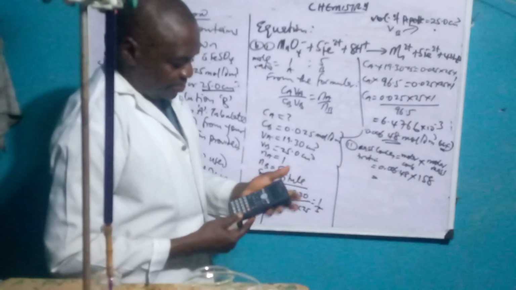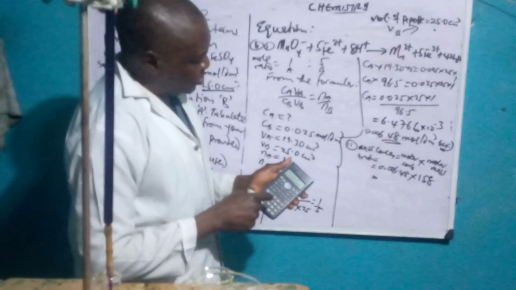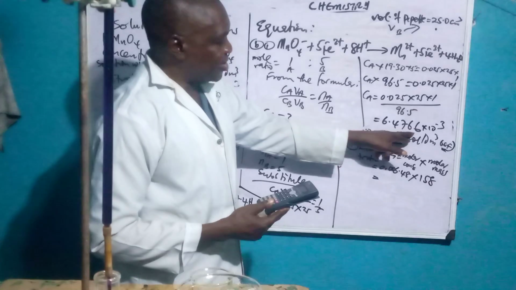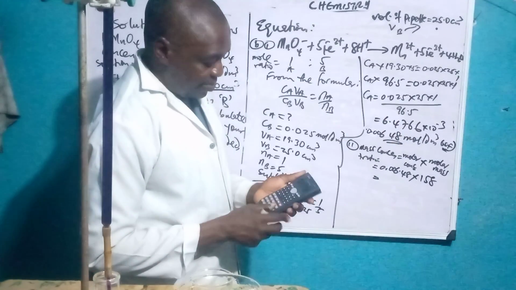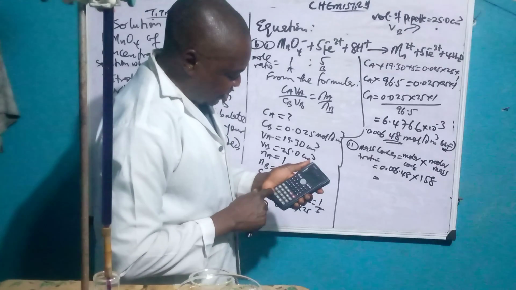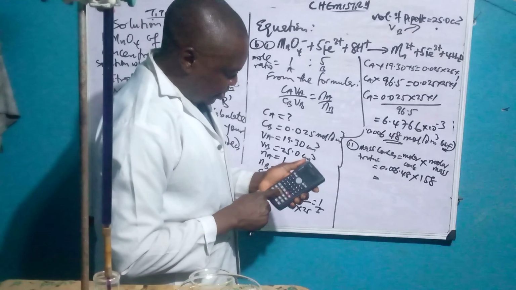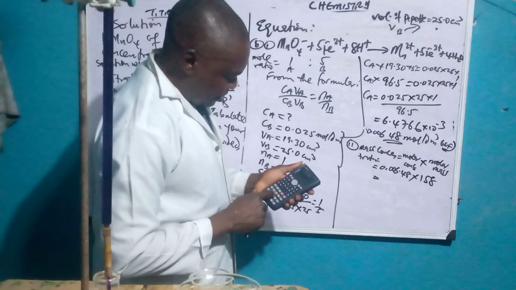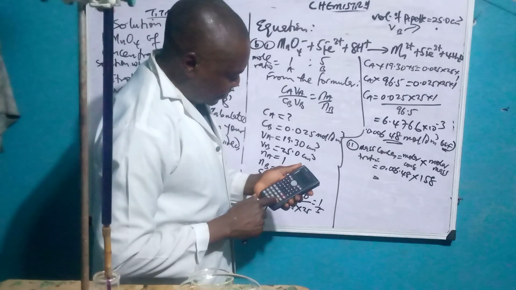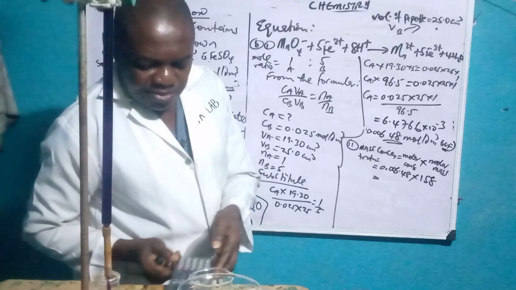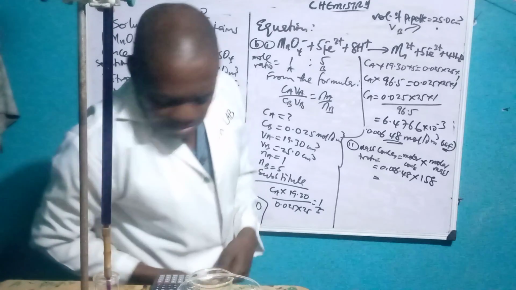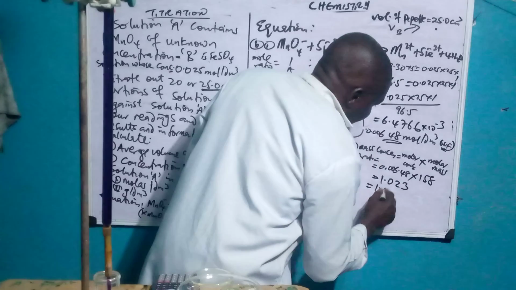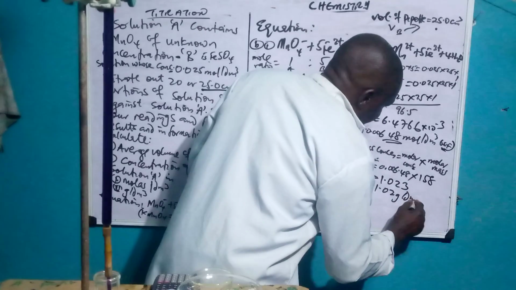I'm turning it to 0 again, because this is what was reflecting on my calculator. If I use this, everything will be wrong. So I now have 0.00648 times 158, which gives you 1.023, which gives you 1.02 gram per dm cube.